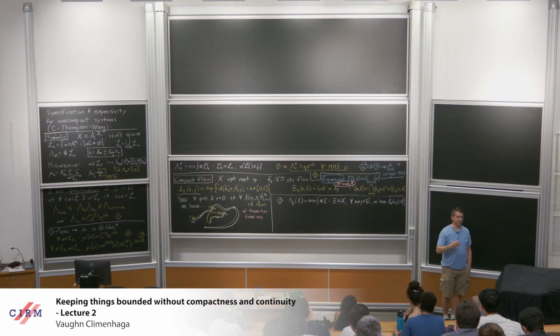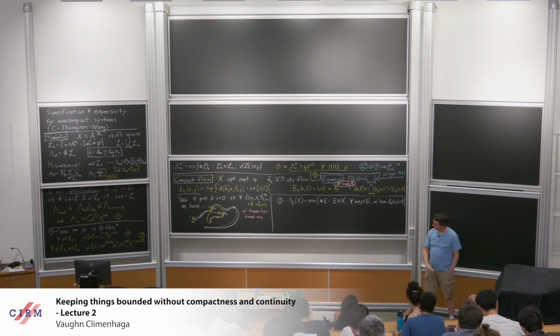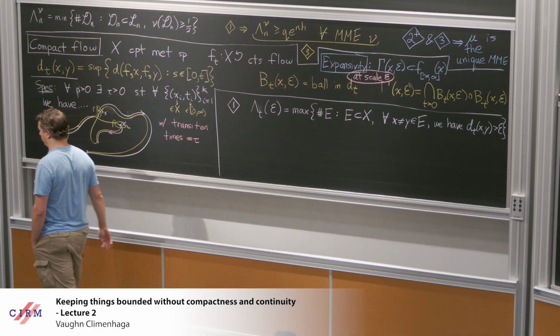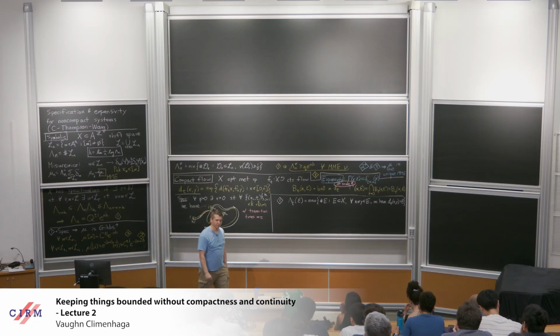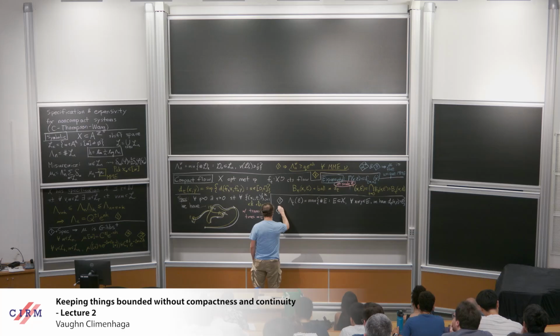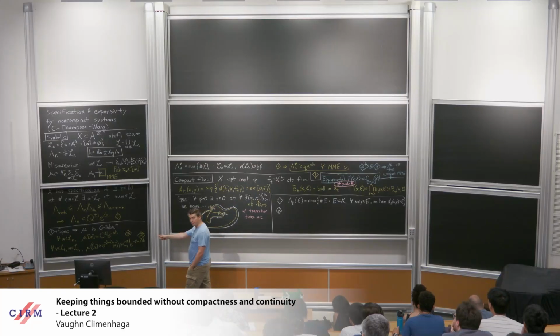And so if you make this your definition of lambda t, then it makes sense to ask for property 1 to be true, and in fact it is true, and the proof is largely the same as this, modulo some annoying technical details about scales which I will not inflict upon you. So then we come to property 2, the Gibbs property.